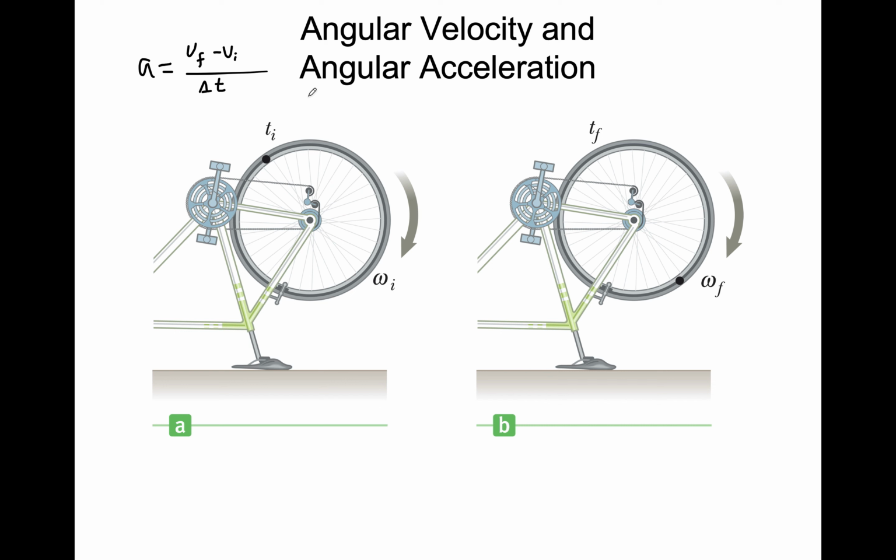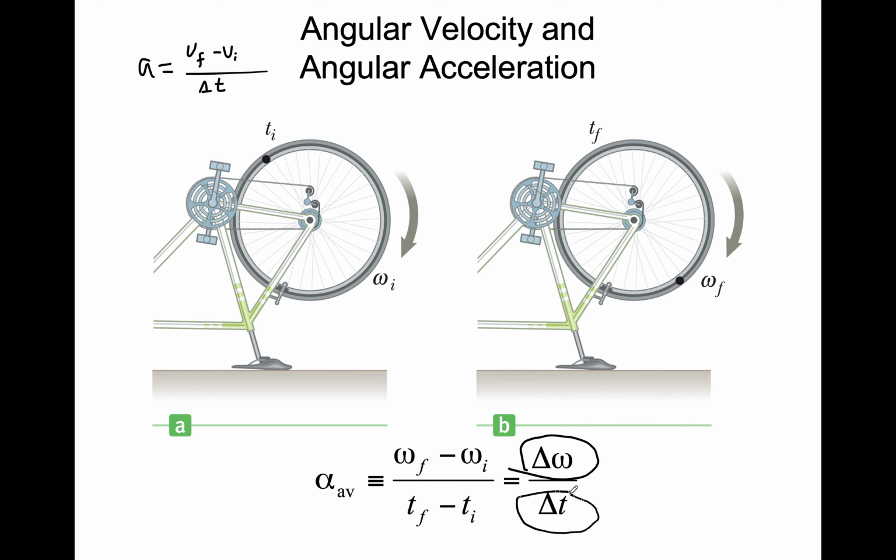That's how we define angular acceleration. Because angular velocity can change, the change of angular velocity divided by the time it takes for such change gives us angular acceleration.